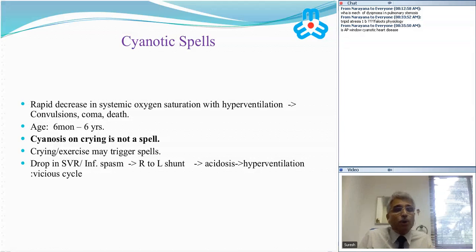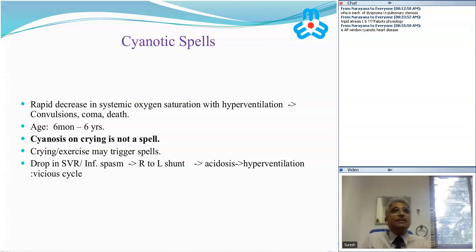So a drop in the systemic vascular resistance or infundibular spasm encourages the right ventricle to pump more into the aorta. We have already described what happens when there is a greater right to left shunt. The greater right to left shunt means the systemic oxygen saturation is dropping.